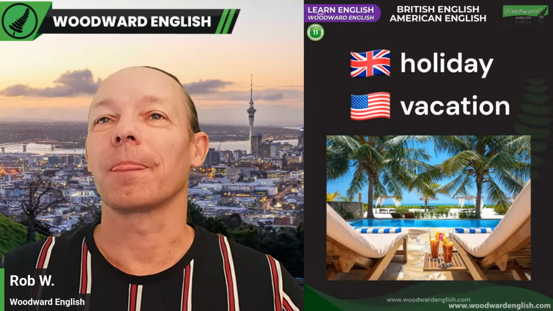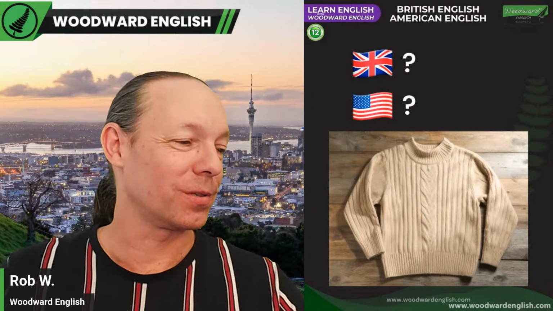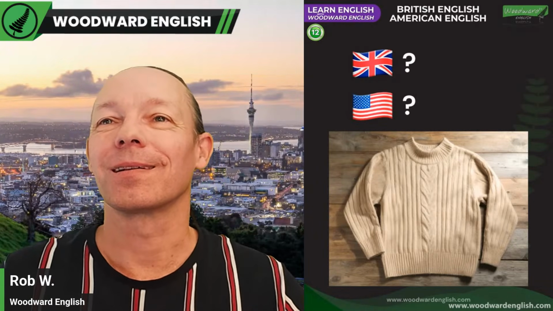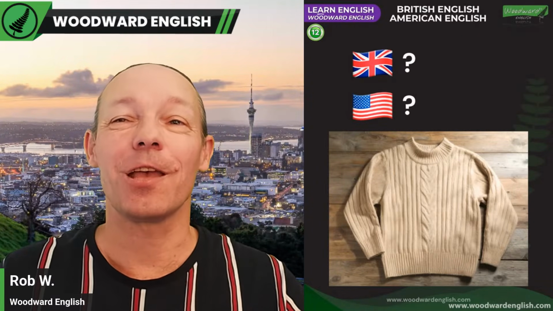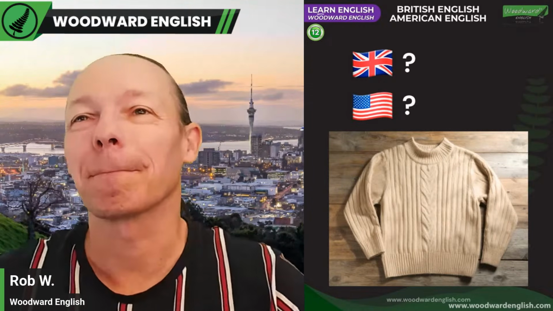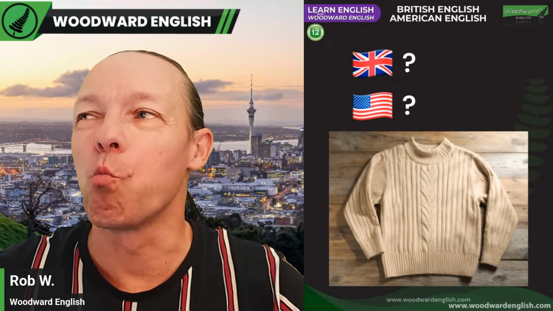Next one is this. What is this called? What is this called? You got British English and you have American English. What is it? In this case, it's made of wool.